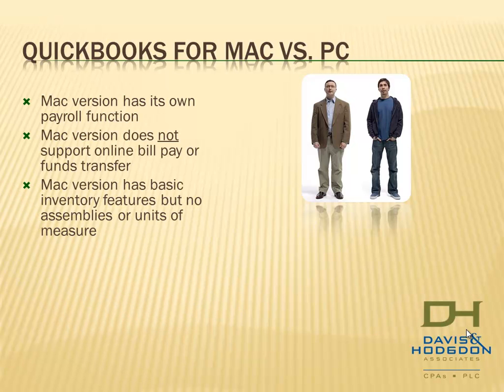Okay, the Mac version has basic inventory features, but they do not support assemblies or units of measure. So the example would be if you are making, let's say, an iPhone. Using assemblies, you could just click iPhone, and all the different inventory parts that go into making an iPhone would automatically come out of inventory and be accounted for in the QuickBooks program, and boom, you're done.